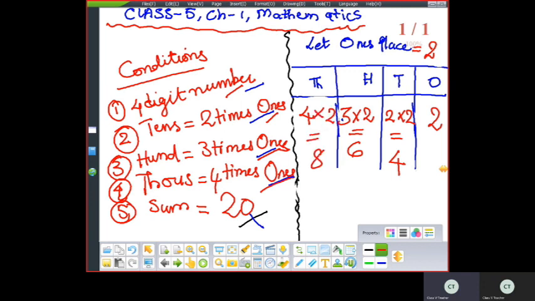So what is the number formed here? 8,642. Now what is our last condition? The sum of all the digits should be equal to 20.